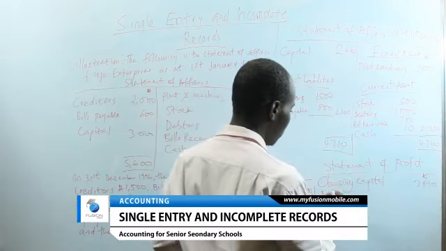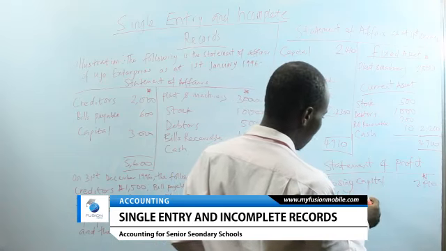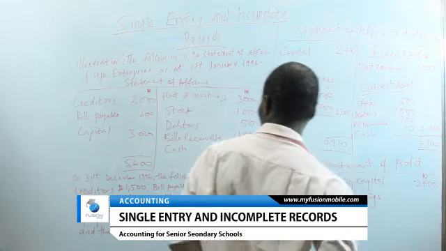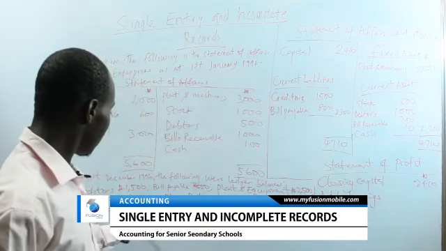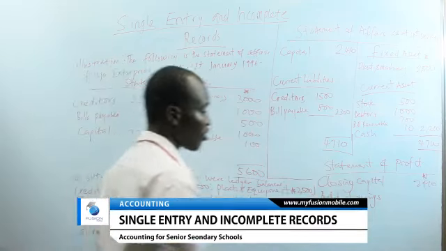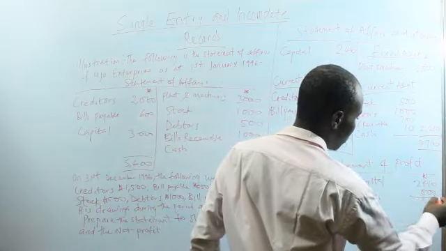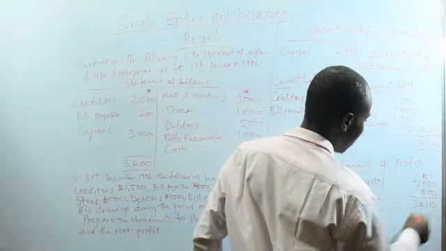So add drawings. The drawings during the period amounted to 800. So you have 3,210.